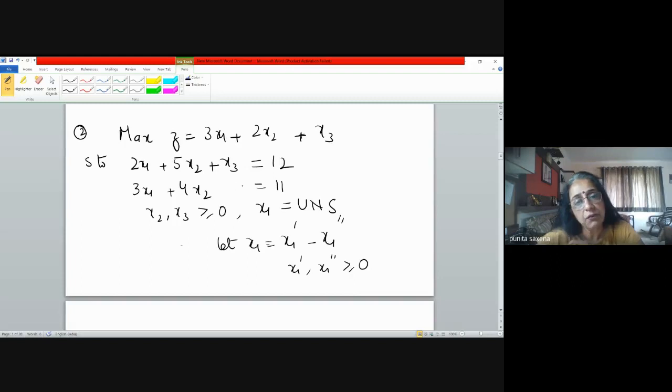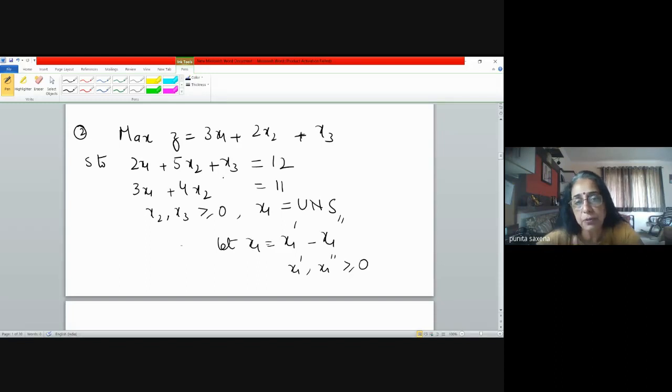But if I look more closely at these constraints, I observe that I have my x3 already here, which is absent from the second constraint. It was a smaller problem, so I could immediately see.